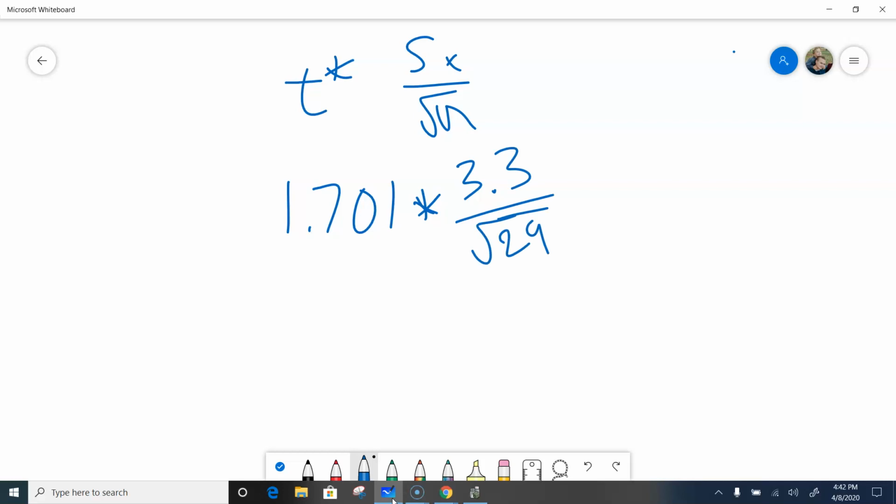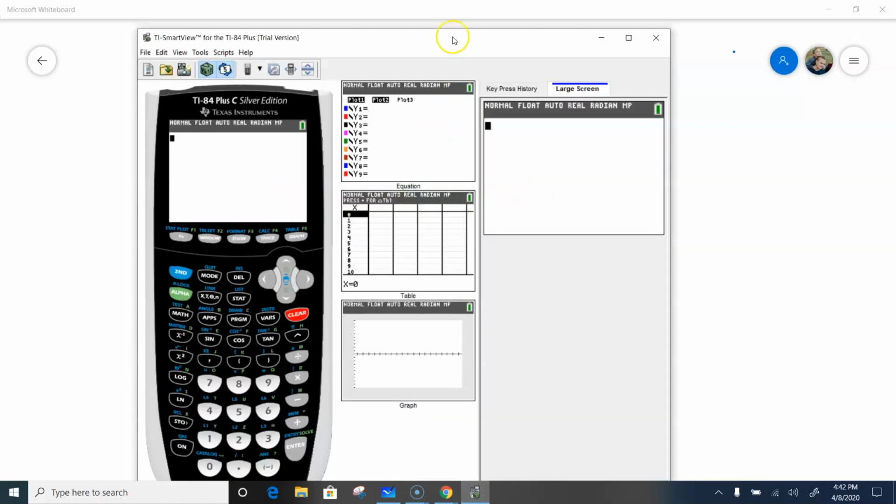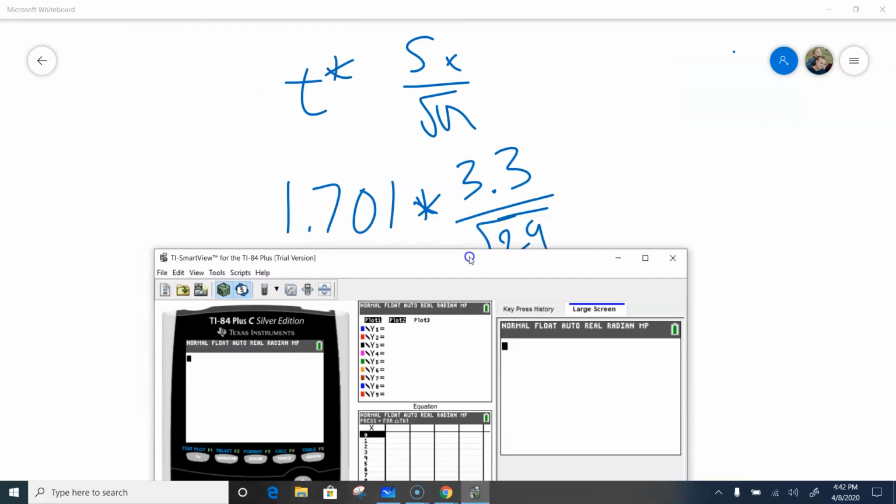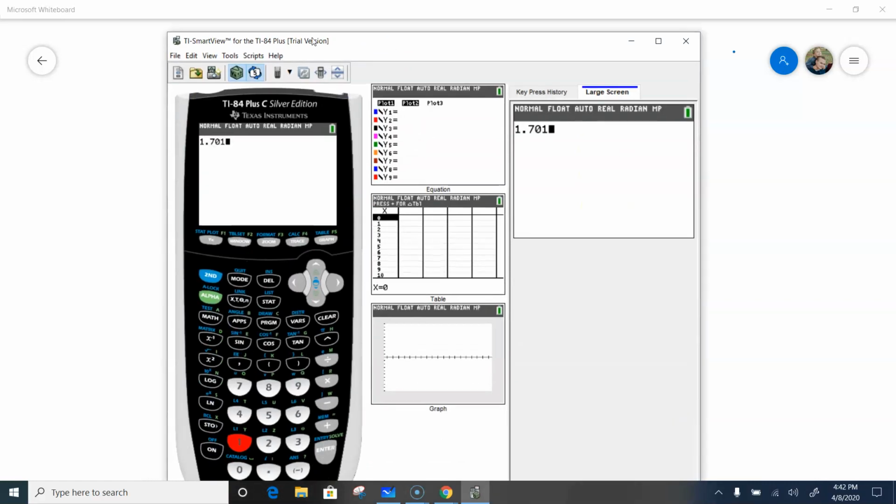It's still the same margin of error we had in the last chapter, except in the second section here we use T star instead of Z star. So it's really the same concept. So I'll just lean on my calculator for this one. So I have 1.701 times 3.3, and we want to divide by the square root of 29.